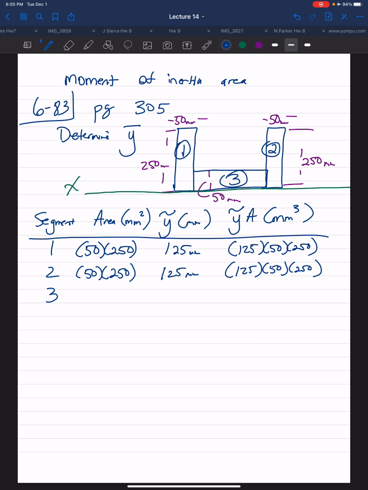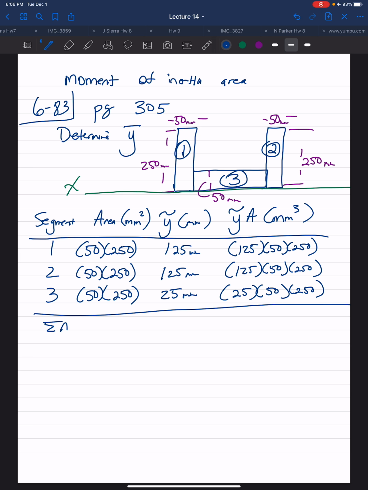Then last but not least, segment 3. The area would be the thickness, 50 millimeters, times the length of segment 3, which would be the total length of the shape, 350 millimeters, minus 50, which would be 250 millimeters. The location of the centroid here, once again, is right in the center, so it'd be half of 50 millimeters, so 25 millimeters, and this is just multiplication.